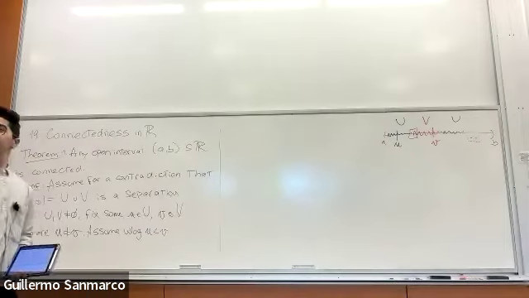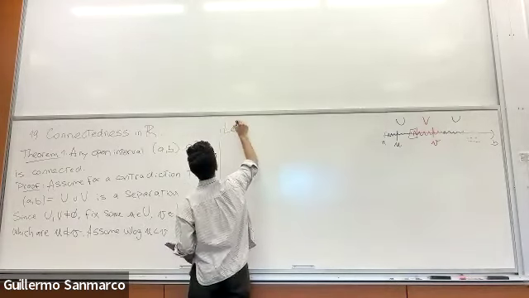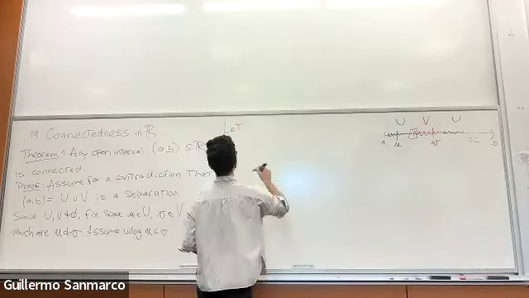Well, that's tricky. But if you remember the intermediate value theorem proof, this set is kind of weird, but not really.